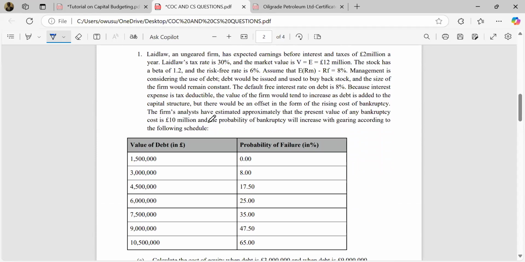If you read the intro, Laidlaw, an ungeared firm, means the firm is all equity, has expected earnings before interest and taxes of 2 million a year. Laidlaw's tax rate is 30% and the market value is V is equal to E, 12 million. So you see, their total value is equal to total equity.